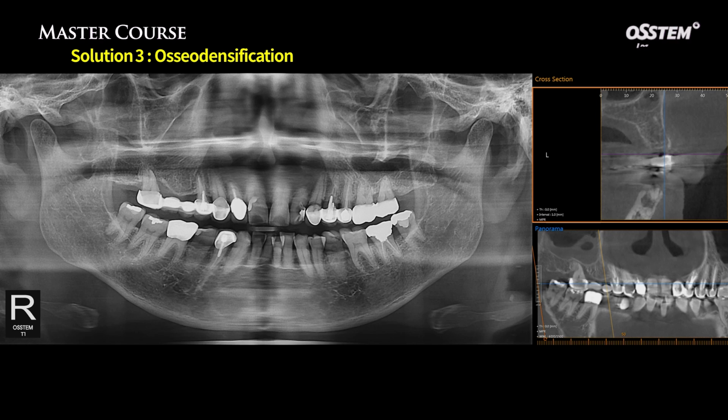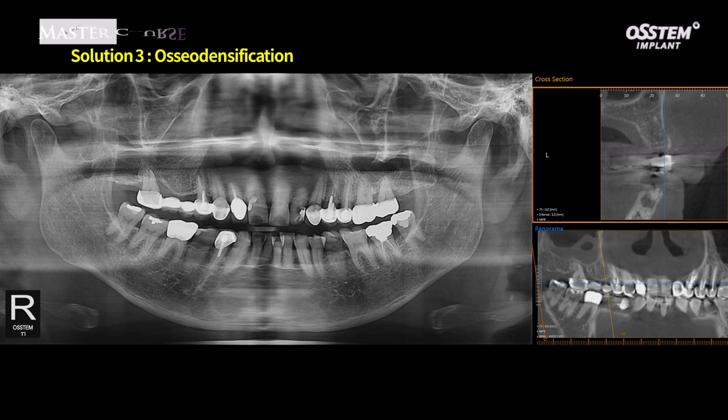So implant placement is planned. If you look at the CT, at the pontic area, the bone quality there is very poor. So here, an implant will be placed.